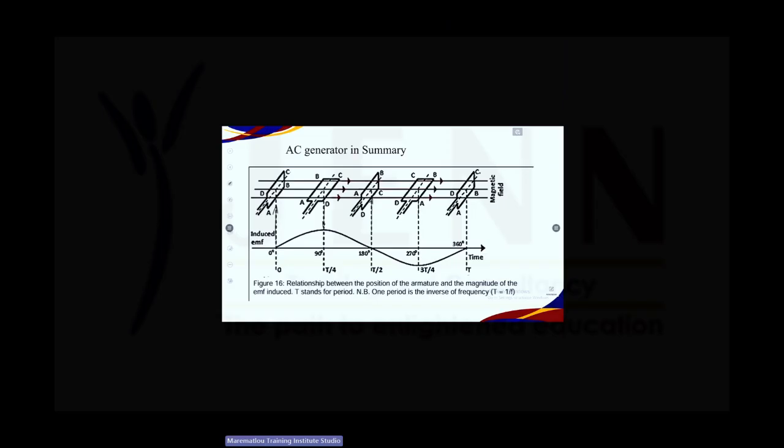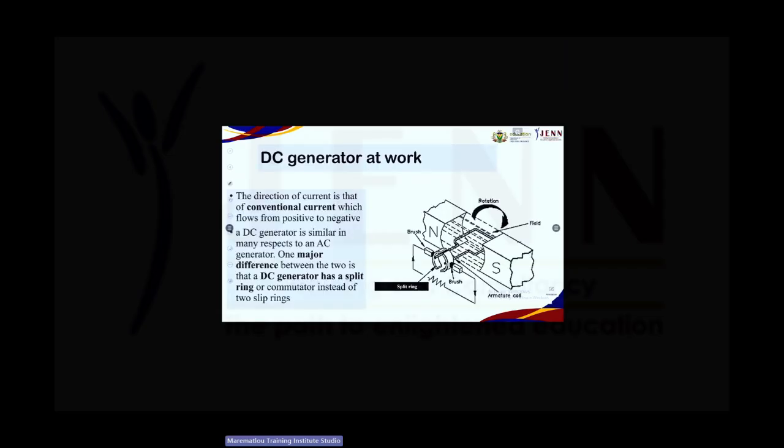Then it is parallel with your magnetic field, which means that is again at a maximum, but now in the other direction. And then when it is vertical again, you are again at 0. Now, those are also easy marks that you can get as well.